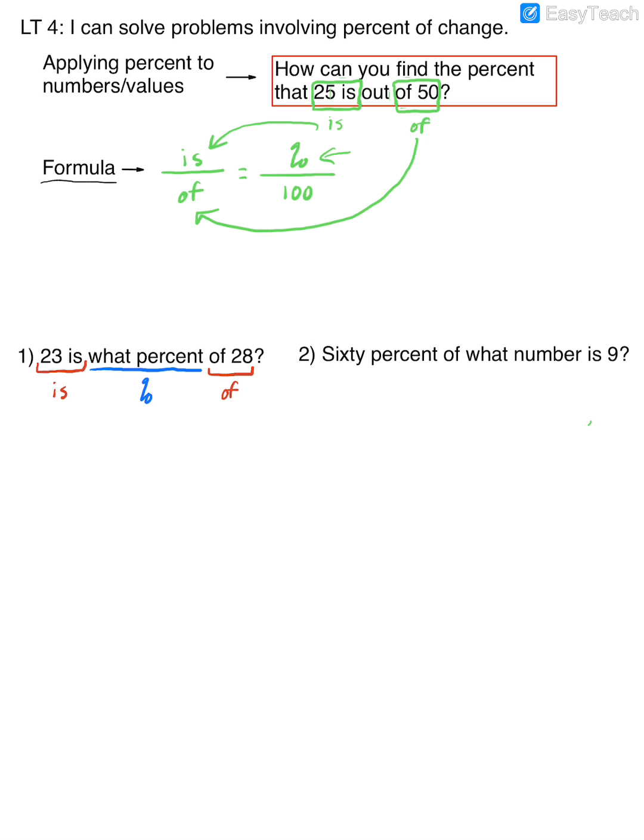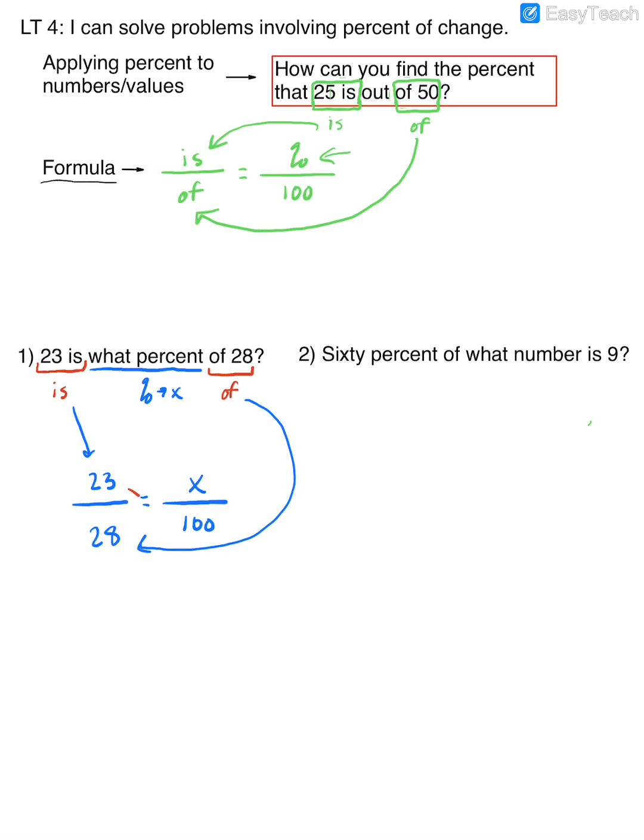So that part will be my percent or my x, because I don't know what it is, so I'm going to have to use a variable to represent it. So here for my equation, 23 is, that'll go right there. Of 28 will go right here. And then 100 is always on the bottom right, just like it was in the last one. And then percent will be my x, okay?